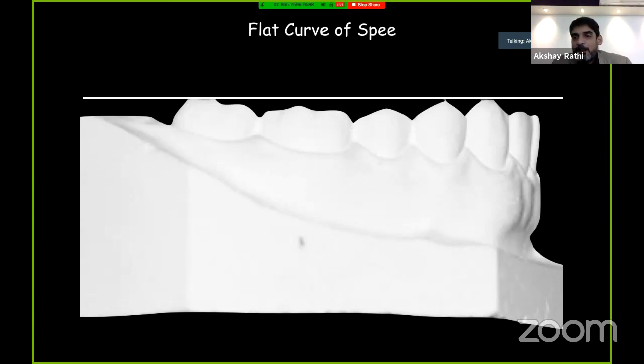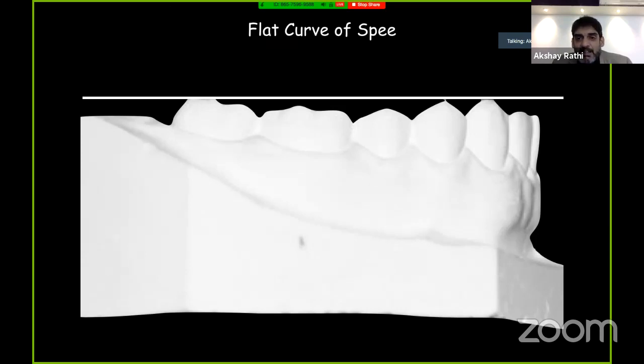The curve of Spee is measured only in the mandibular dentition. If you keep a flat glass slab on the cast of your patient's lower dentition, then you will find some space in between the tip of the premolars and the tip of the canines and your glass slab.